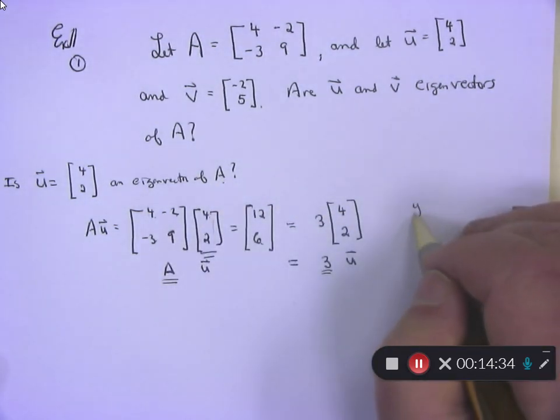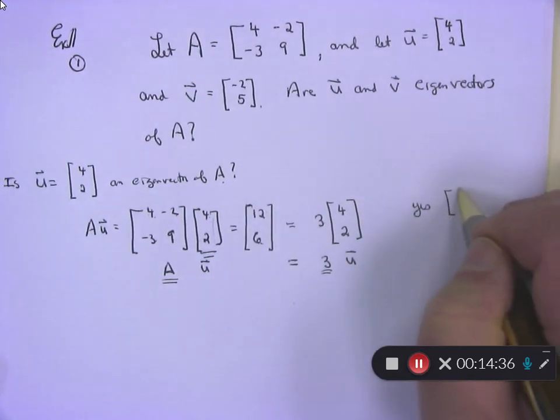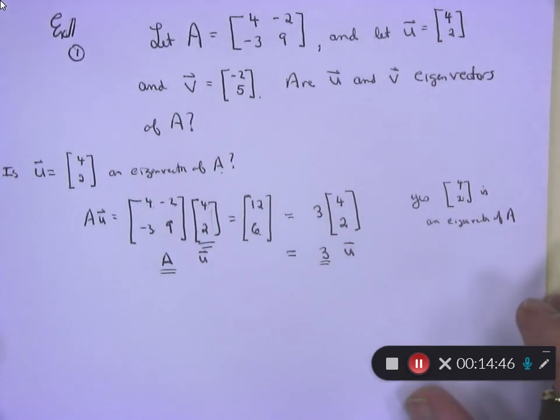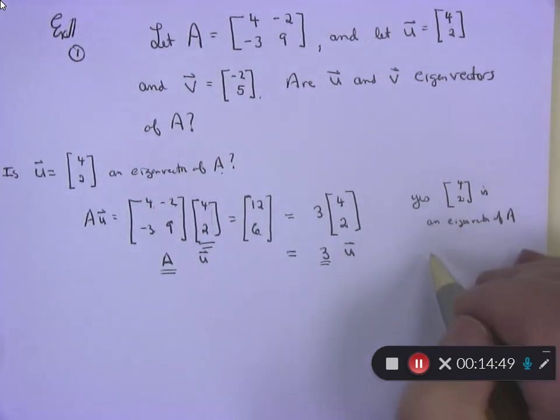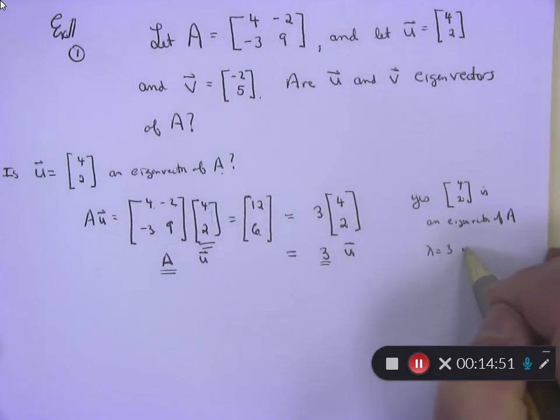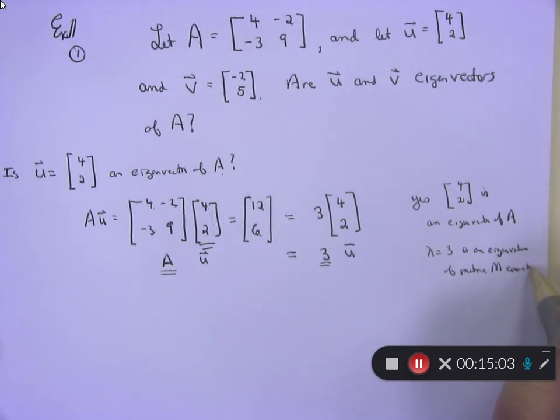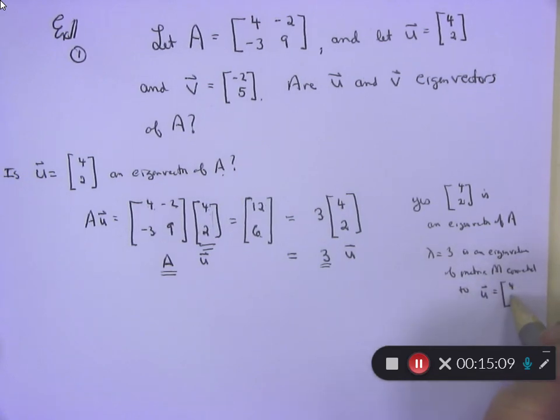So the question is, is U an eigenvector of A? The answer is yes. The vector (4, 2) is an eigenvector of matrix A. I can tell you more than that. Lambda equals 3 is an eigenvalue of matrix A connected to vector U, because they always come in pairs.